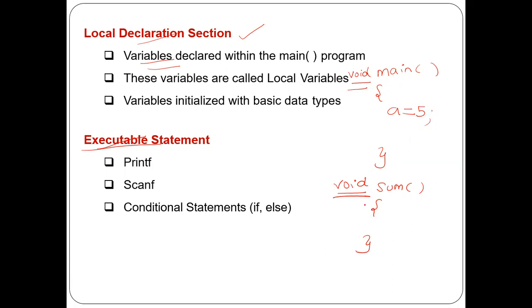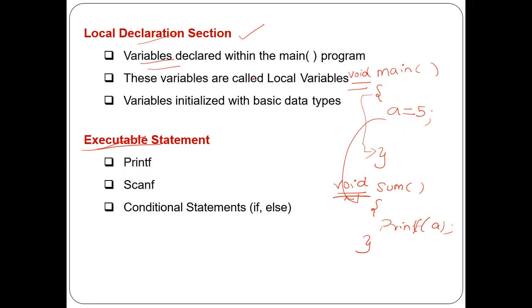If you try to access this value in another function, say I want to print a, I have not written the perfect syntax, but print of a, this value will not be passed over to this function because the lifetime of the variable is only within the function where it is declared. The lifetime is only here. That is called a local variable declared within the main function.